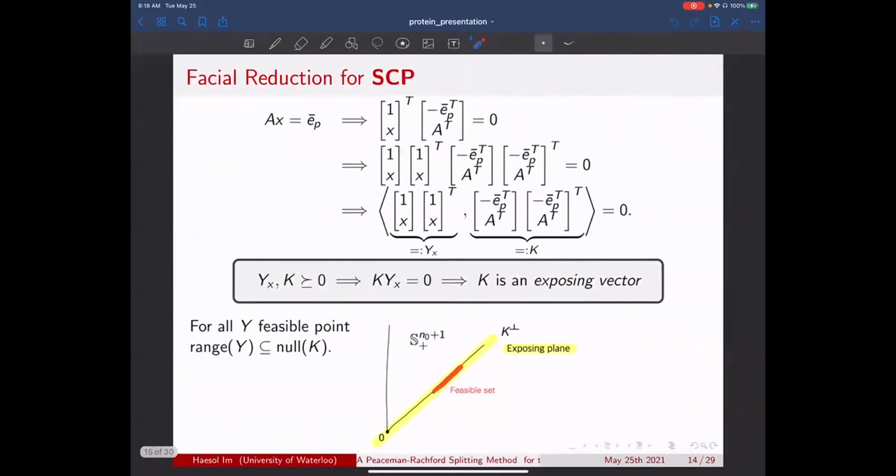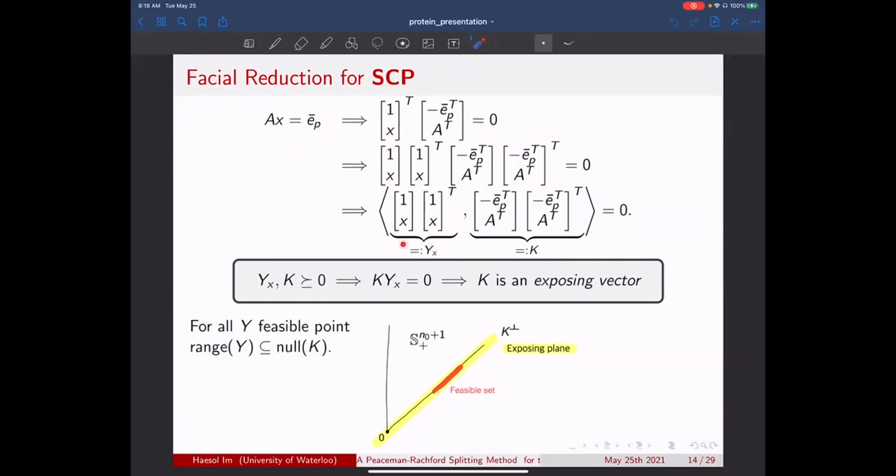Okay, so now let's apply the facial reduction to our side chain positioning problem. So Ax equal to e is reflecting the constraint where one rotamer has to be chosen from a rotamer set. Then by putting this all-ones vector to the right and left hand side, we get this equality. And we pre-multiply a vector and multiply a matrix on the right hand side. Then what we get is that this trace inner product is equal to 0.